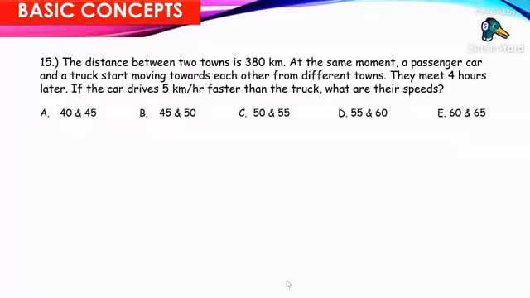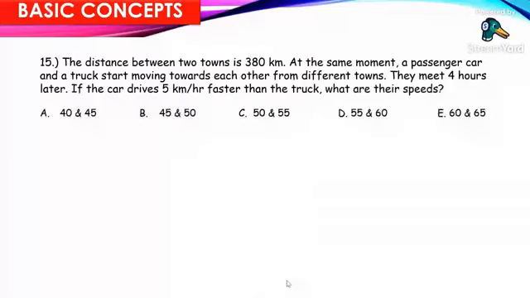Okay, so for problem number 15, the distance between two towns is 380 kilometers. At the same moment, a passenger car and a truck start moving towards each other from different towns. They meet 4 hours later. If the car drives 5 kilometers per hour faster than the truck, what are their speeds? Okay, so what are the speeds of the car, the passenger car, and the truck?